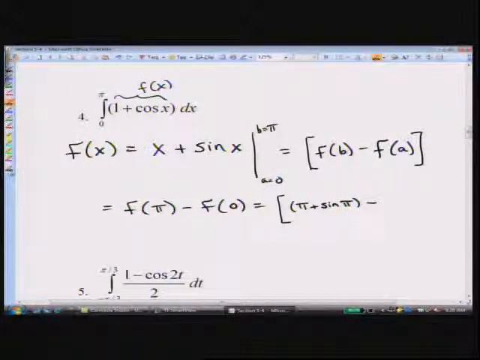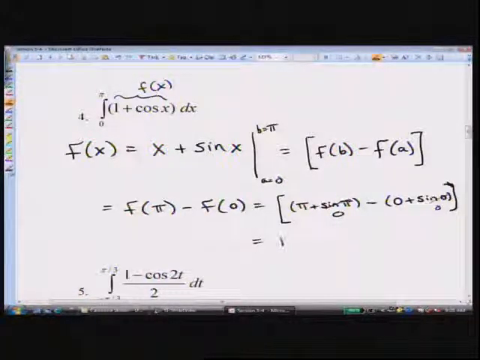And then minus f at 0, which will be 0 plus the sine of 0. Okay, what is the sine of pi? 0. The sine of pi is 0. The sine of 0 is also 0. So the answer to this one is just pi.